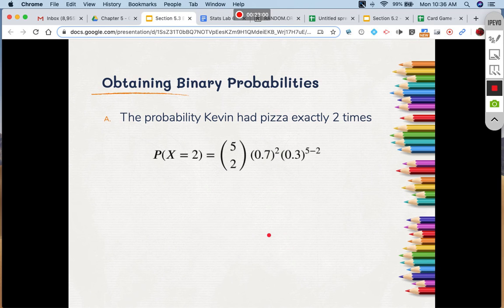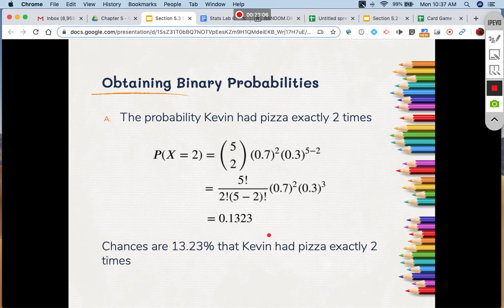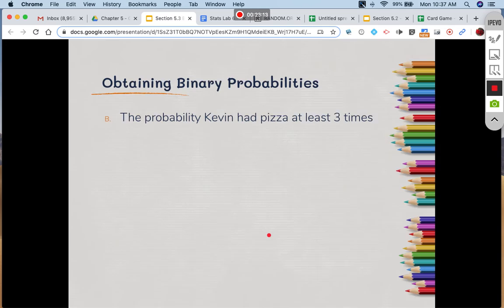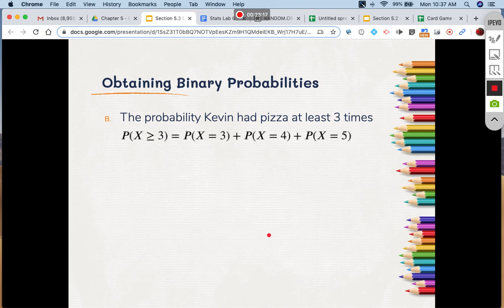Exactly 2 times, we plug in 2 for x. We get a 13.23% chance that Kevin had pizza exactly 2 times. Had pizza at least 3 times: we have to look at 3 or 4 or 5. Those are all independent, so we can use special addition rules.